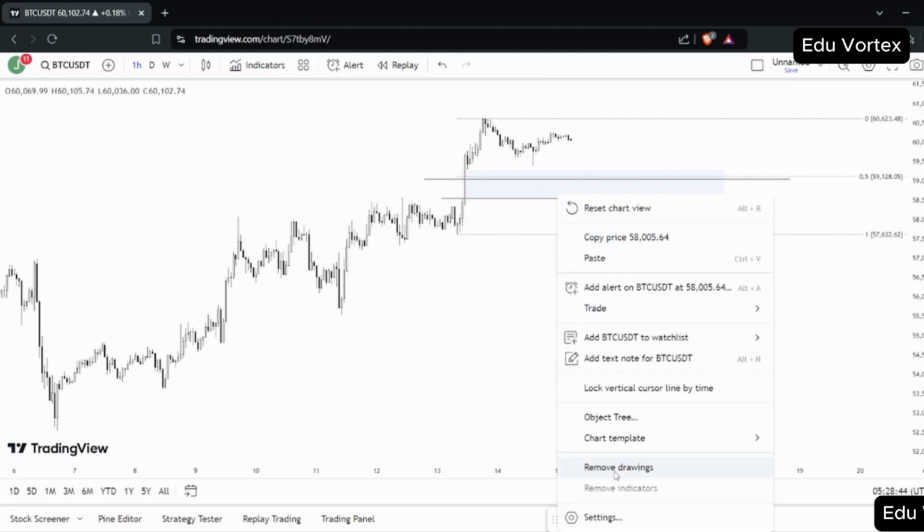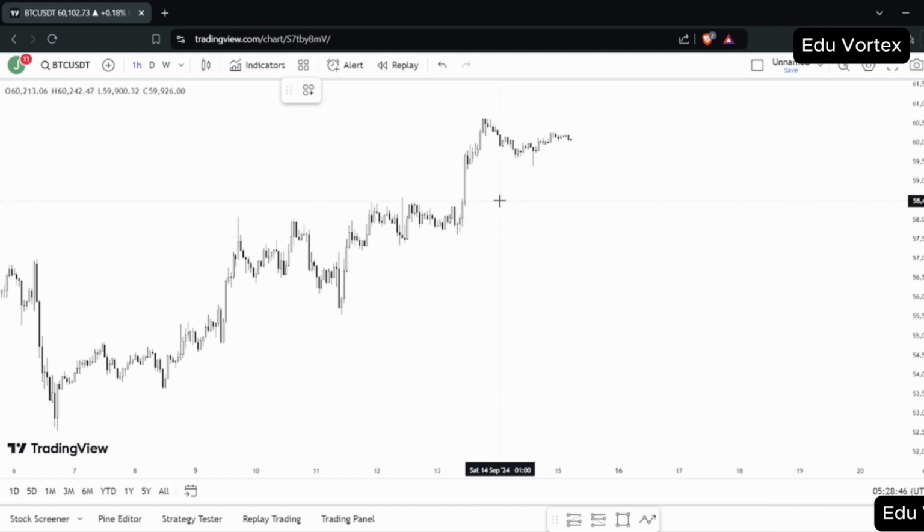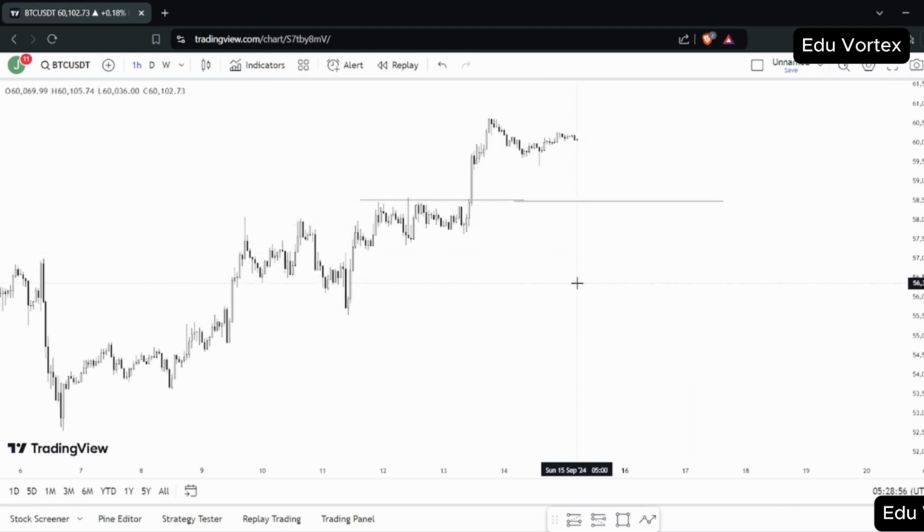We want to see price not close below it. That's what I mean by respect. We don't want to see a price closure below this fair value gap. If we close below this line that I marked there, it will be mostly bearish and we will end up going for all of these lows.